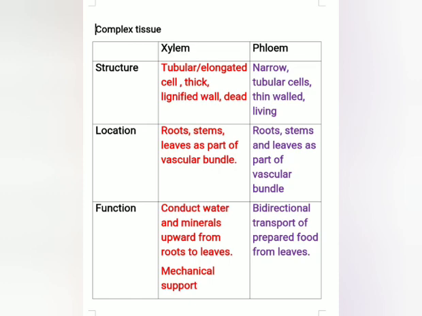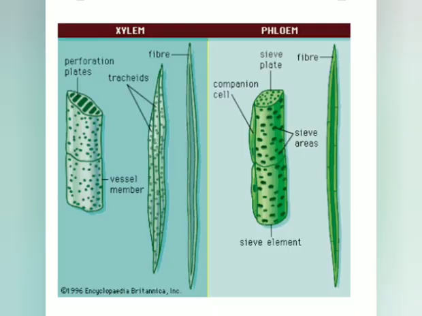Now let's come to the complex permanent tissue, that is xylem and phloem. They are also known as the vascular bundle of plants and help in conduction of water, minerals and food. Xylem is unidirectional, that is, it conducts water and minerals upward from roots to leaves, whereas phloem is bidirectional, transporting prepared food from leaves to different parts of the plant.